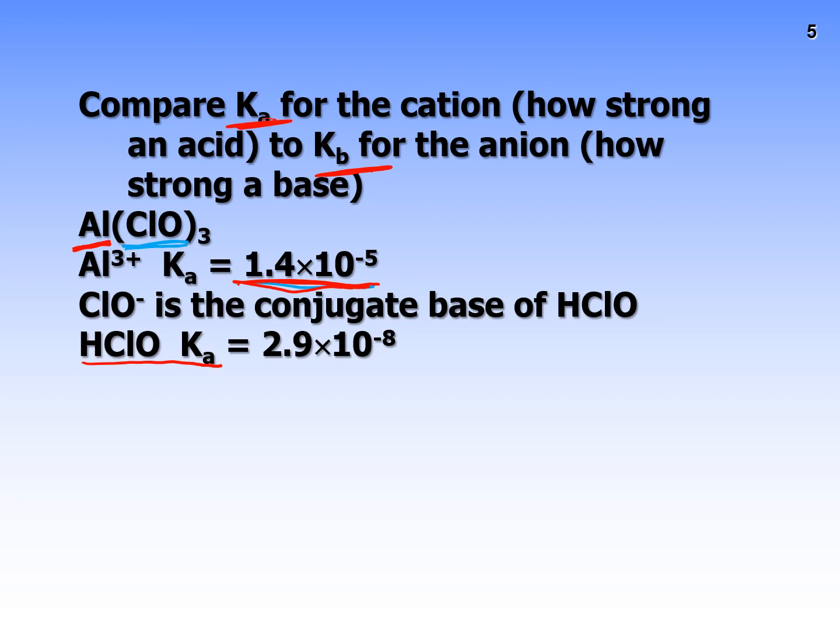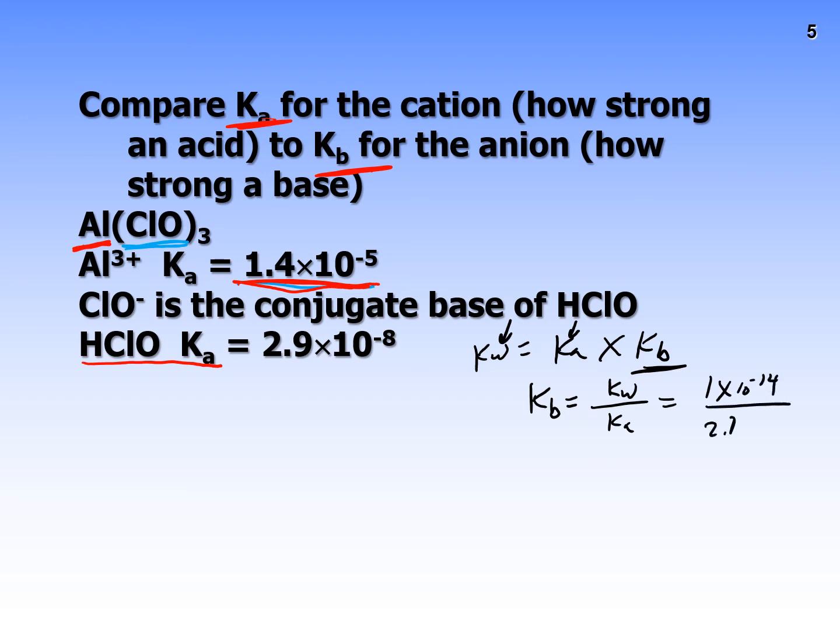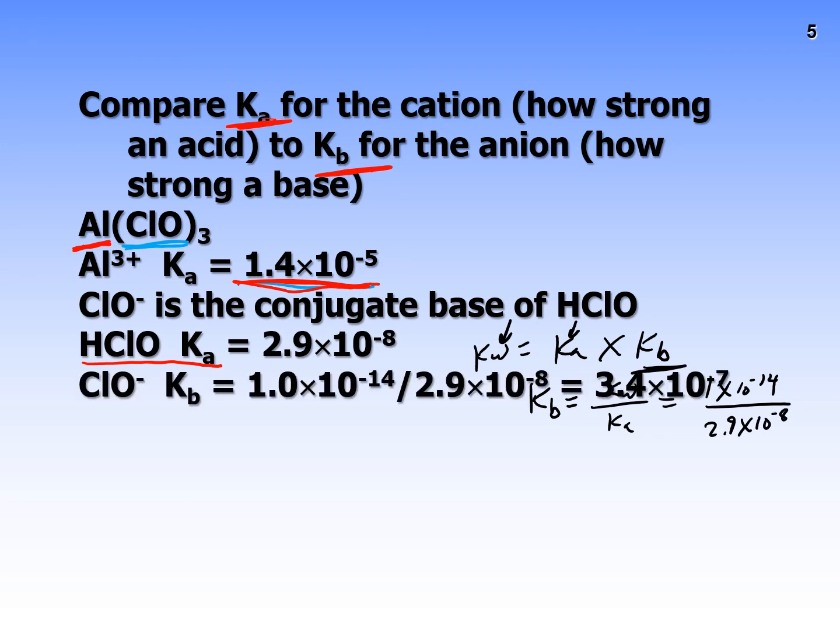Well, this brings us back to Kw is equal to Ka times Kb. We have the Ka, and we know Kw, so I can use this equation to solve for Kb. Kb is going to be equal to Kw divided by Ka, or 1 times 10 to the negative 14 divided by 2.9 times 10 to the negative 8. If I do that division, I get Kb is equal to 3.4 times 10 to the negative 7.